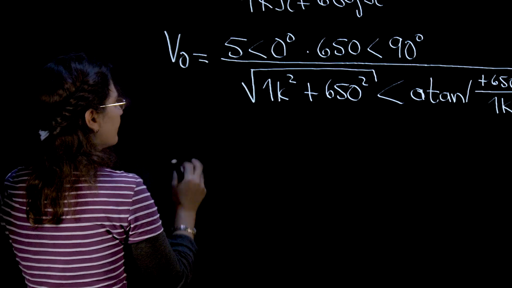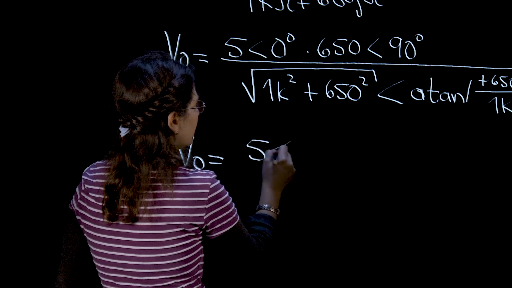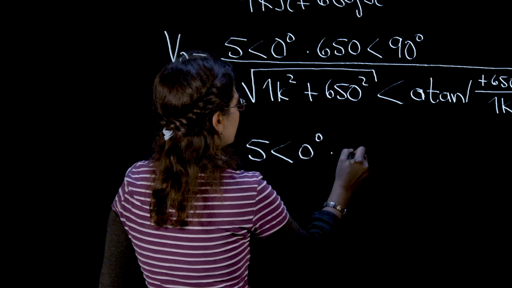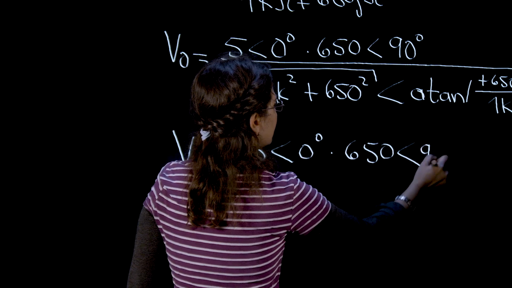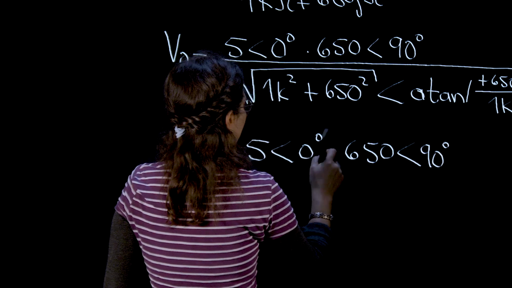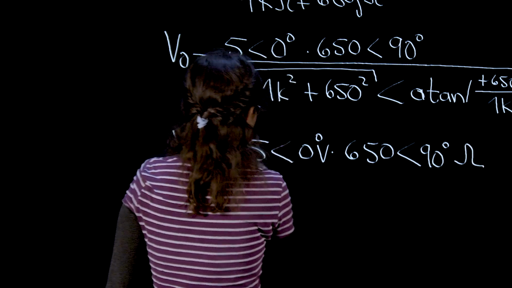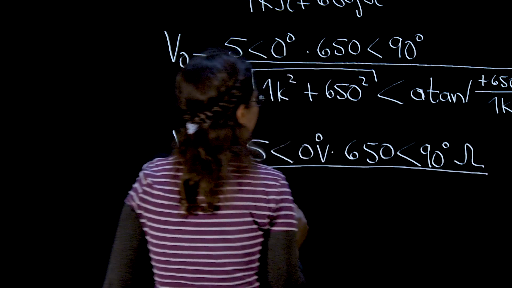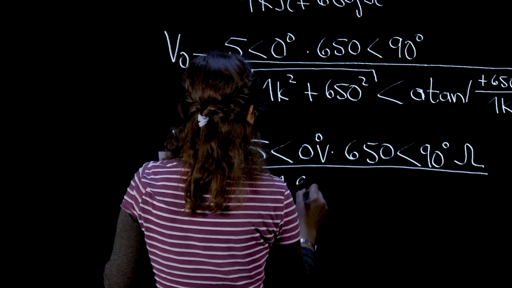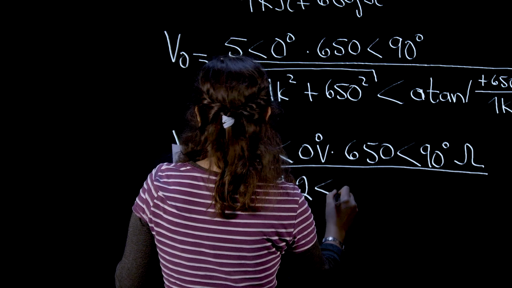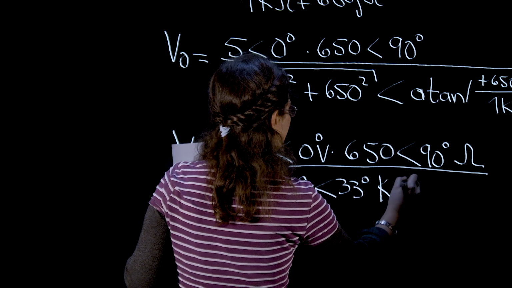And that will give us, so V0 will be 5 at 0 degrees times 650 at 90 degrees. So these are volts and these are ohms, over 1.2 at 33 degrees kilo ohms.